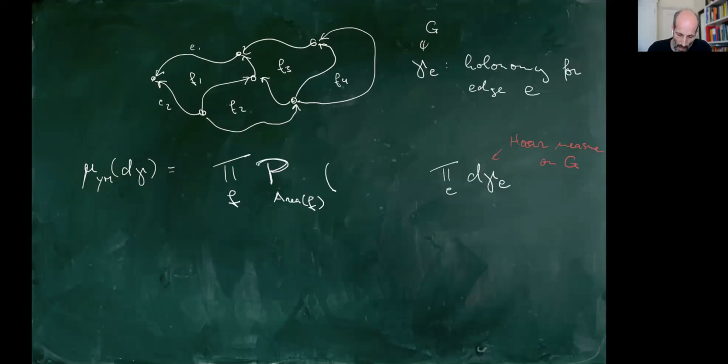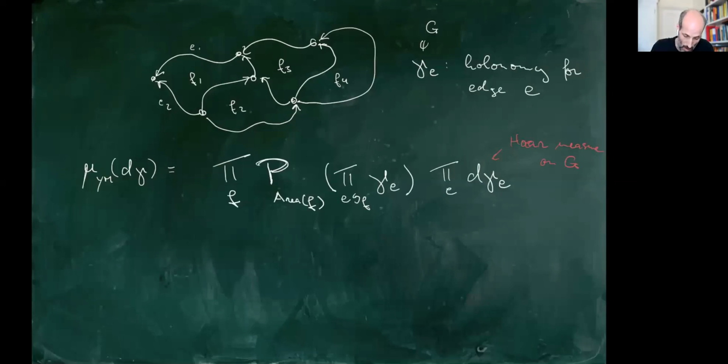And the argument here is simply the product of the gammas that border the face. So you take the product of the gammas of the edges E that go around the face F, in the correct order, and maybe with the correct inverses if you're going against the orientation that you've assigned to the edge.